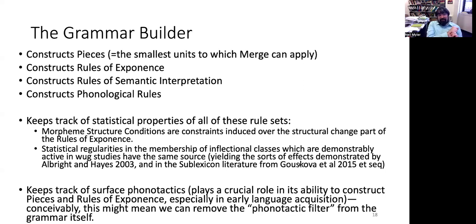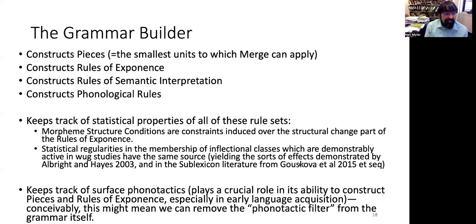It constructs rules, for example, that tell you that root 1, 2, 3 has the semantic interpretation lambda x doc of x or something. And there'll be a rule of exponence that tells you that that same root is realized with the underlying representation de or ge. And it constructs phonological rules. In doing this, it keeps track of statistical properties of all of these rule sets.